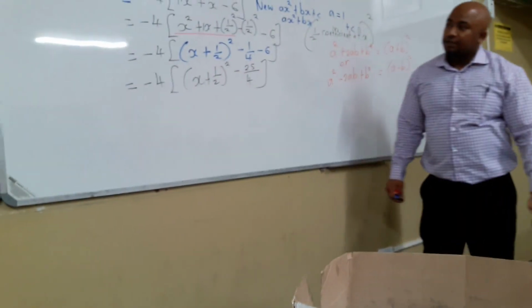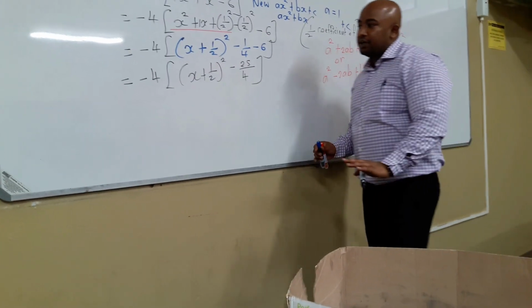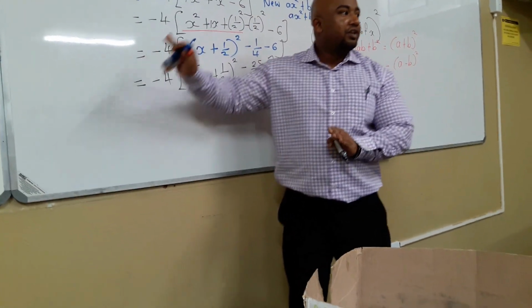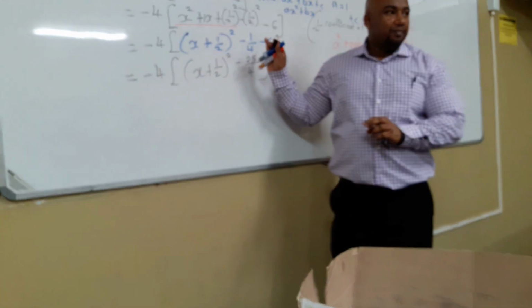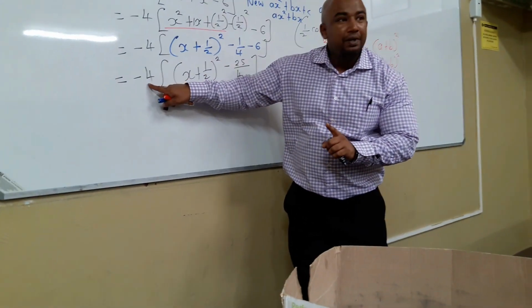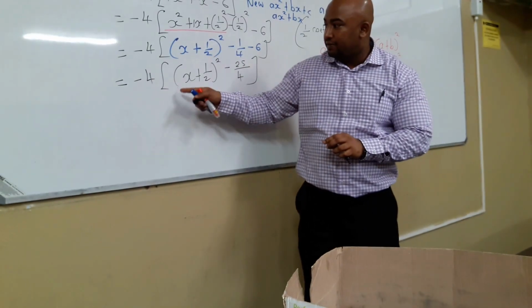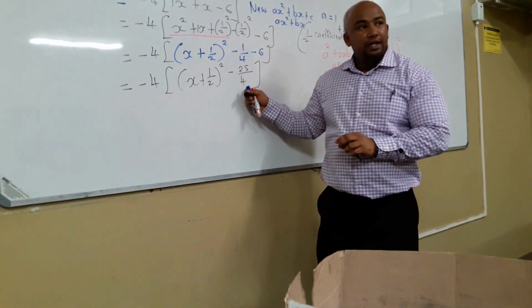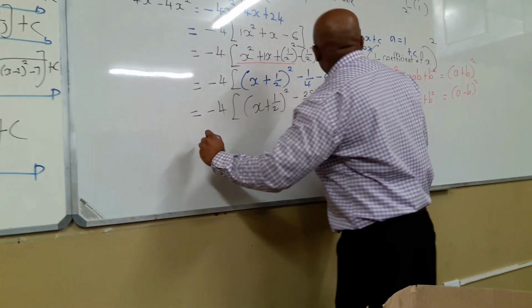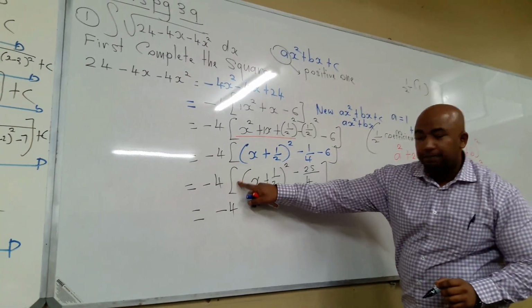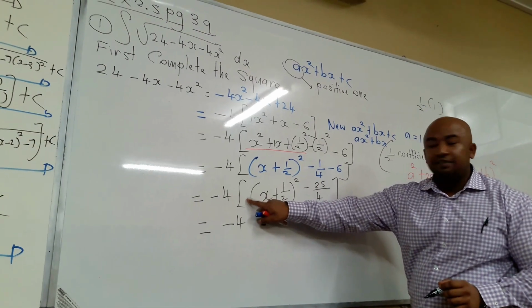So now, what are we going to do? We are going to use this technique where if you take out a common factor, you give back that to each term. So we're going to multiply negative 4 back inside. How many terms do you have here? 2. There's 1 here and 1 here, so there's 2 terms. So it's going to be minus 4 times the positive 1 that you will always have here.